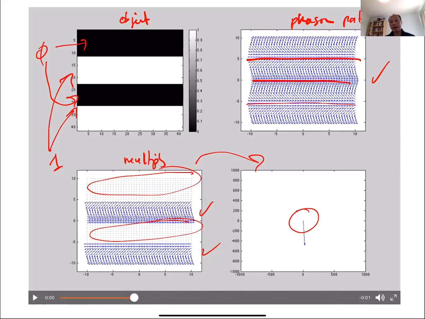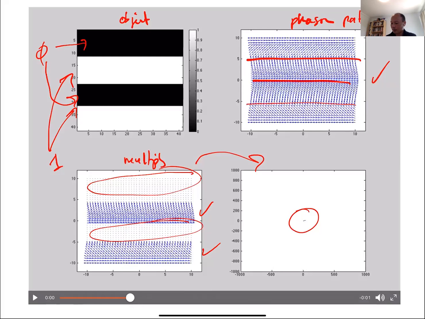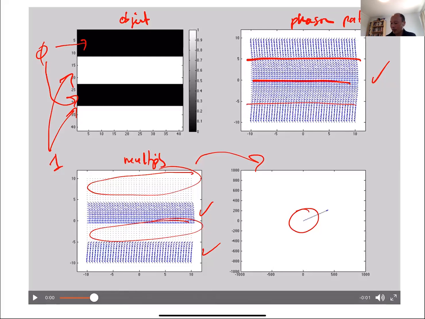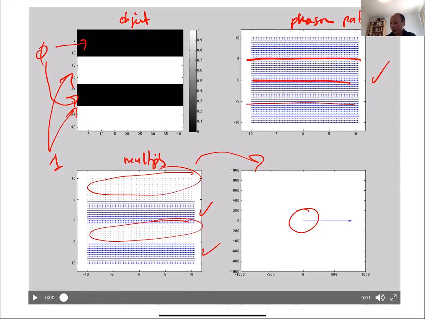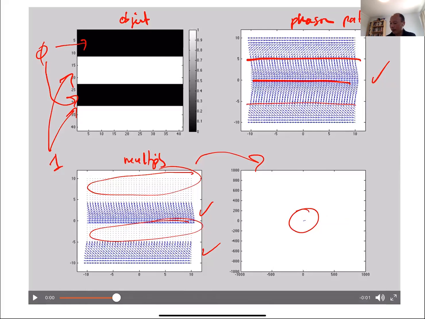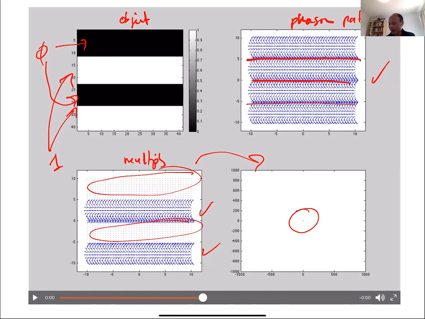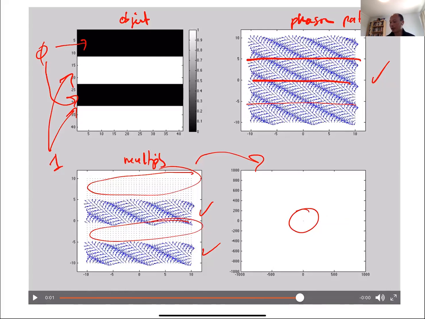So where that spatial pattern matches my object, the sum of the spins adds up to a fairly large value. I think I have this movie, so I can put it on Canvas, and you can play around with it at your own leisure.